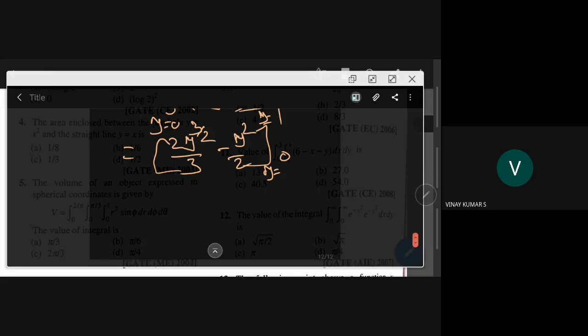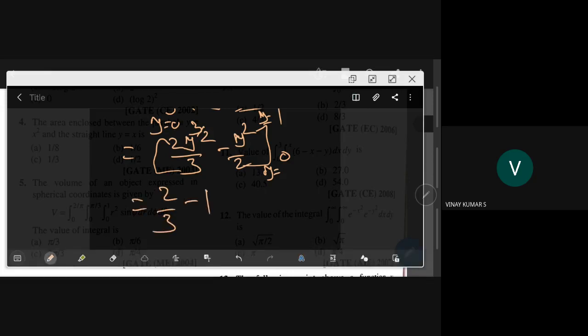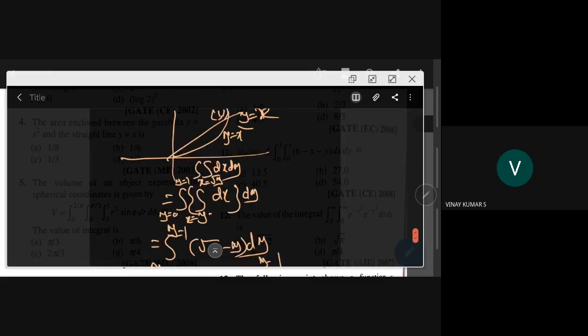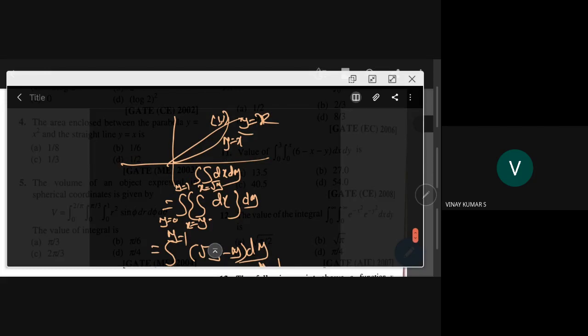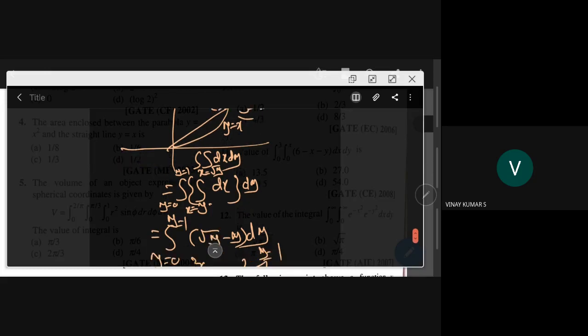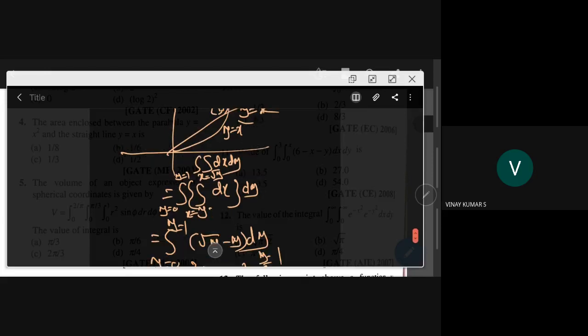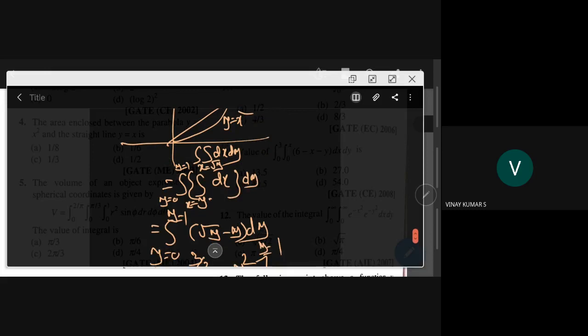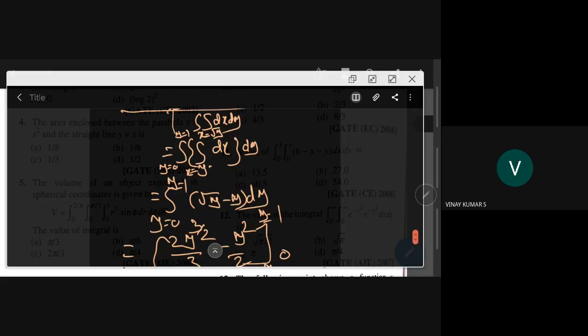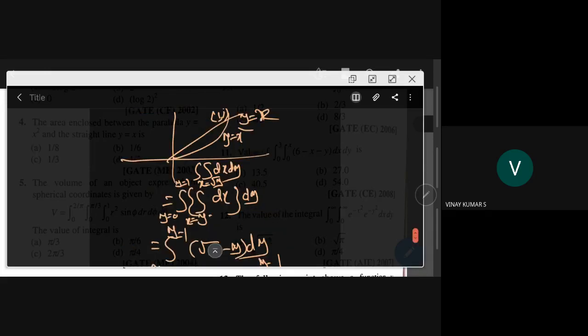Negative we are getting? No, some problem is there somewhere because area cannot be negative. Where did we go wrong? dx dy. x varies from y to plus root y, right? So root y minus y. x varies from 0 to 1.